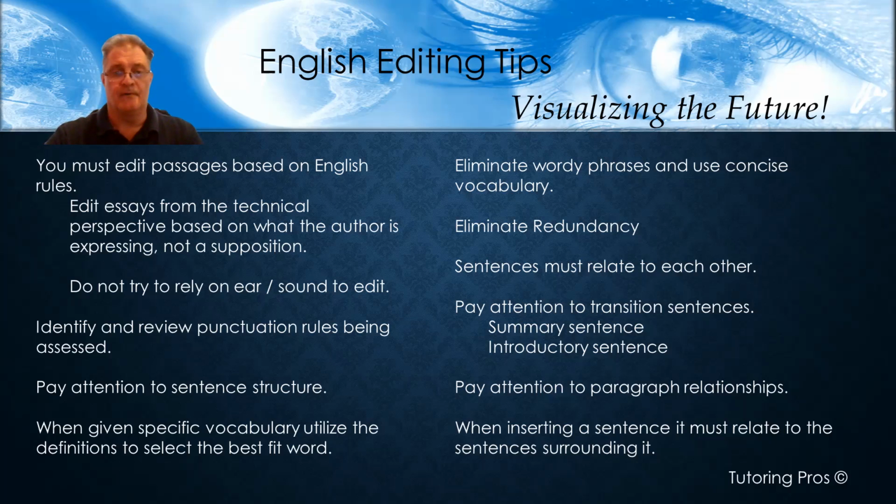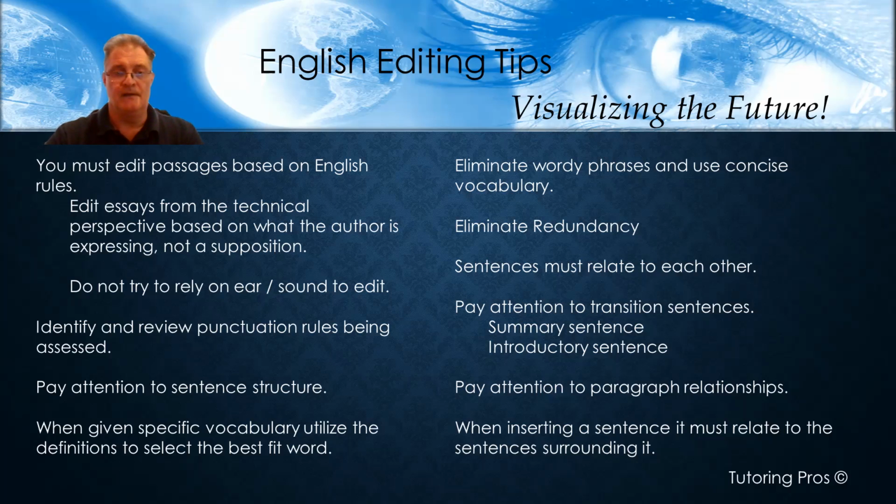As you're reading paragraphs, you'll also notice that you'll see a lot of phrases that are very wordy. For instance, you could have a short phrase that says around the world. And then within the same sentence, you would see the vocabulary word worldwide.